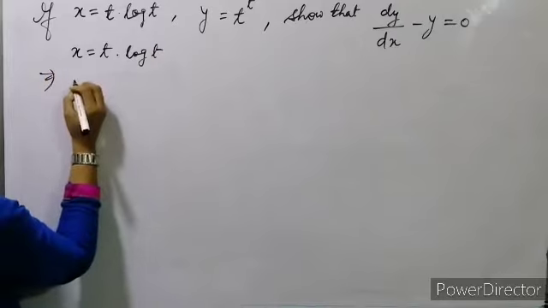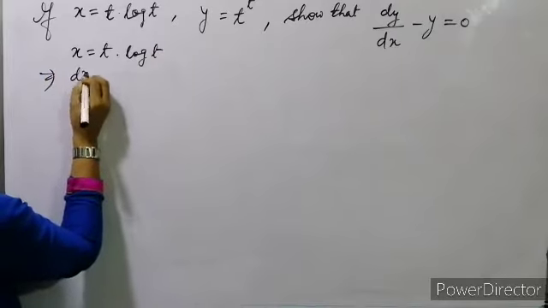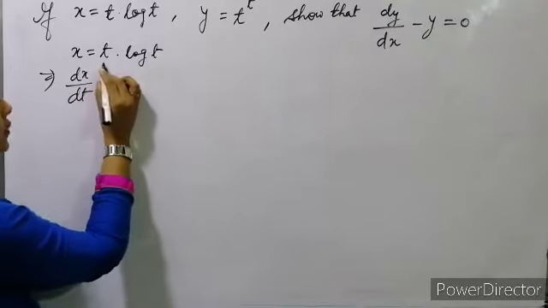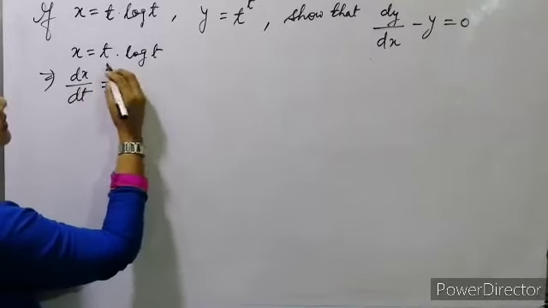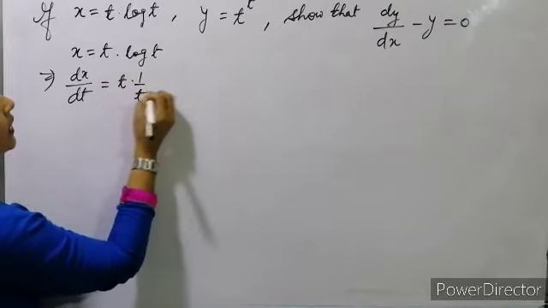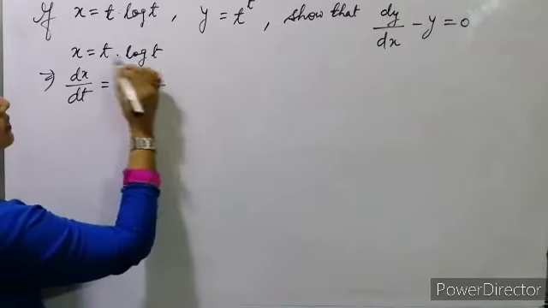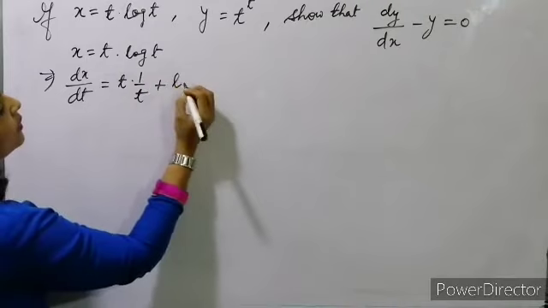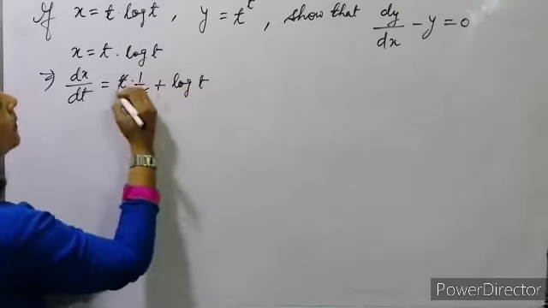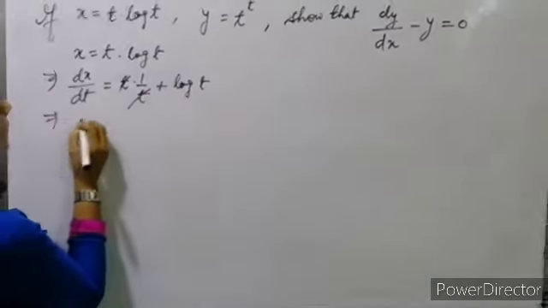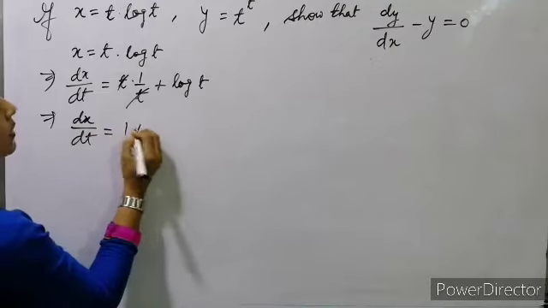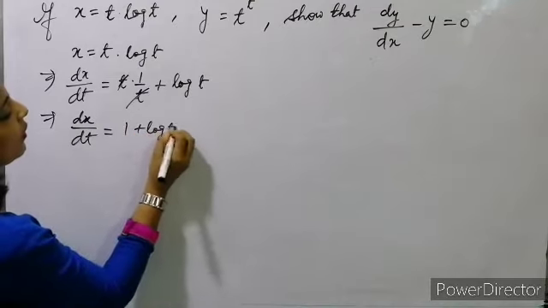Differentiating both sides, dx upon dt is equal to, first we take this one constant, so it will be t into 1 upon t, and then we take this one constant, so it will be 1 into log t. So the value of dx upon dt will be equal to 1 plus log of t.